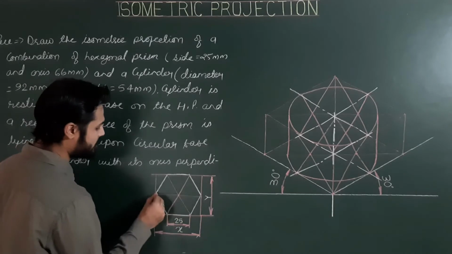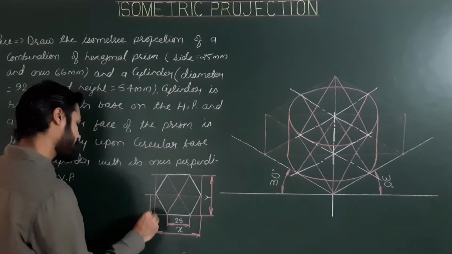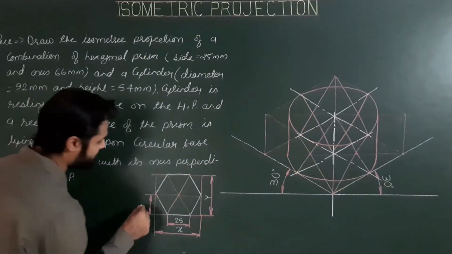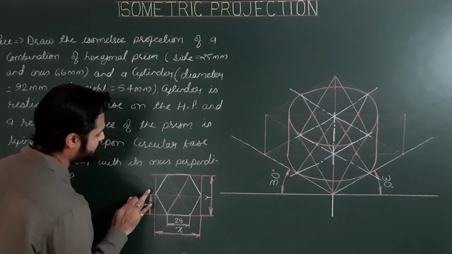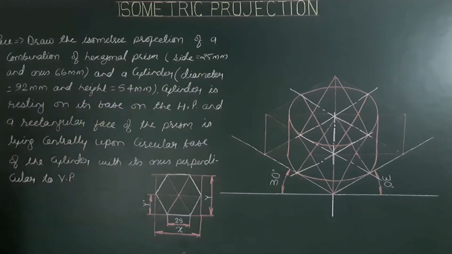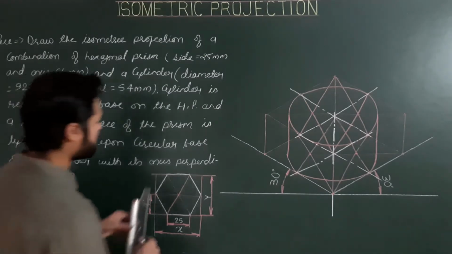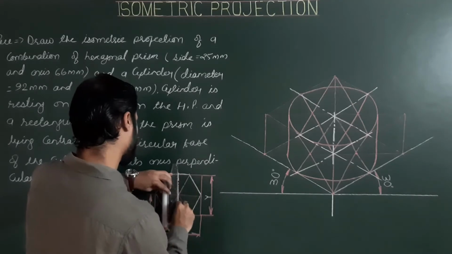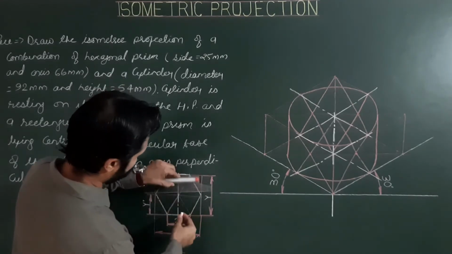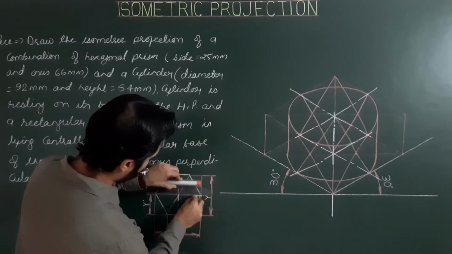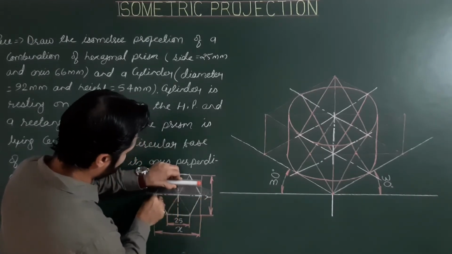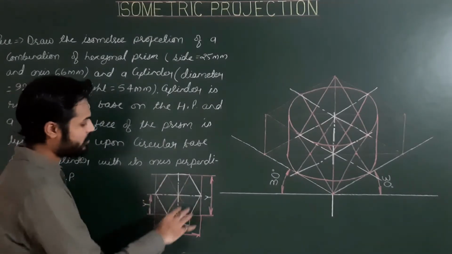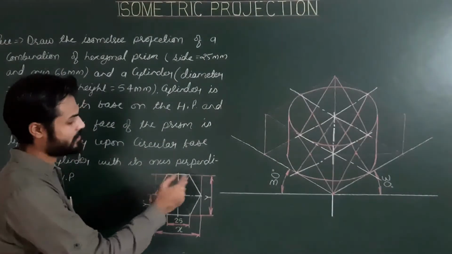The common intersection point is the center. From the reference line, y dash. Now drawing center lines from the center of the hexagon in the helping figure.